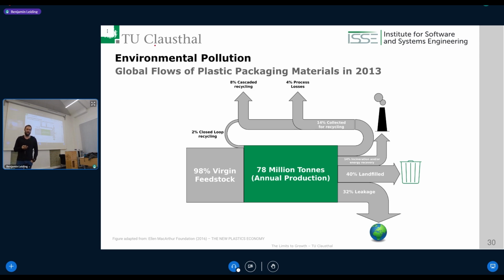Cascaded recycling often means I have some kind of high quality plastic and I can reuse it in a scenario where I need lower quality plastic. So one bottle can often not become yet another bottle of plastic. It has some kind of lower quality use case later on, which is still better than just throwing it into the ocean.